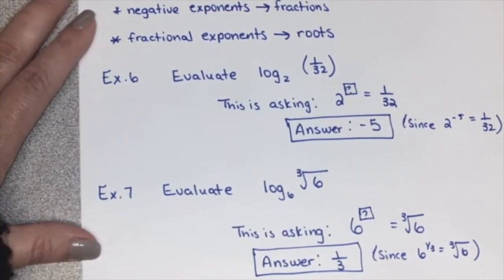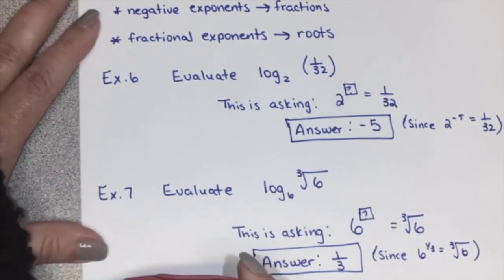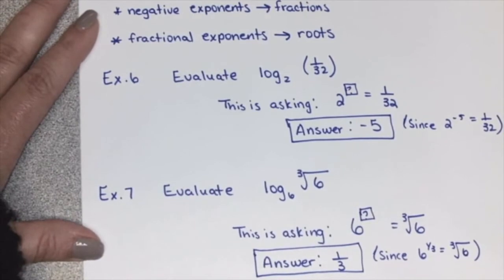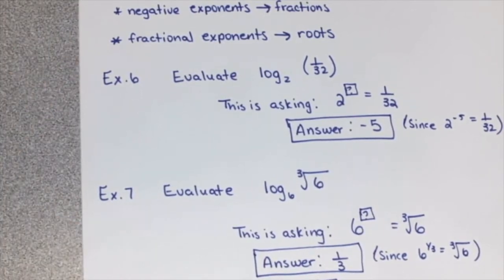All right, so one more. And then we're going to talk about some general rules we can know. So log base 5 of the square root of 5. Okay, so what does this mean?